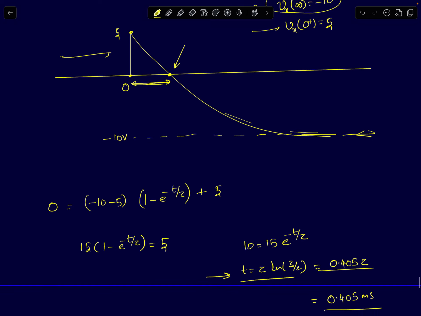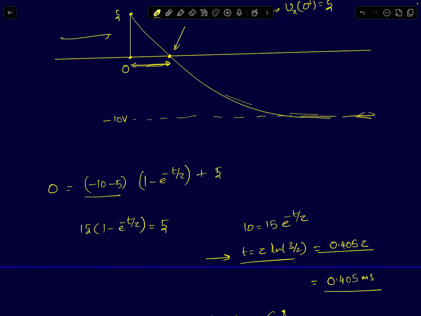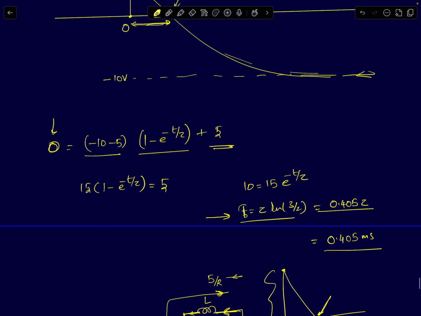You can just use that expression: initial value minus final value times 1 minus e power t upon tau, plus the initial value, should be equal to 0. Find it out, I have done the value. The on time of the pulse comes out to be tau ln of 3 by 2, which is 0.405 tau.